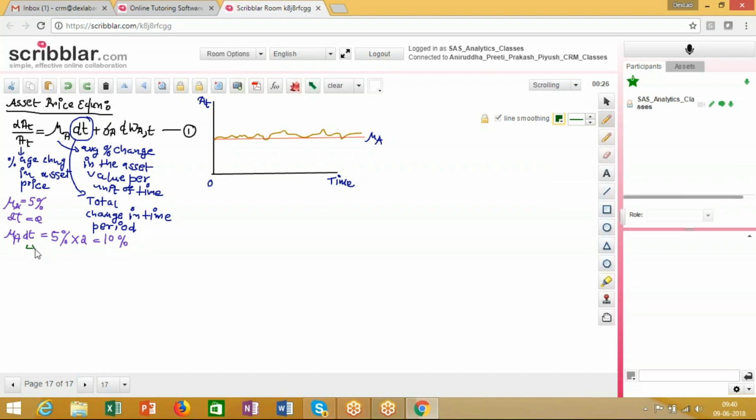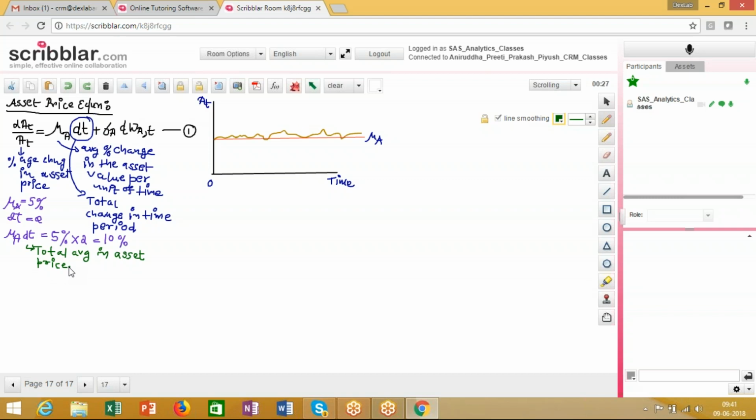So this mu A dt shows the total average change in the asset price.